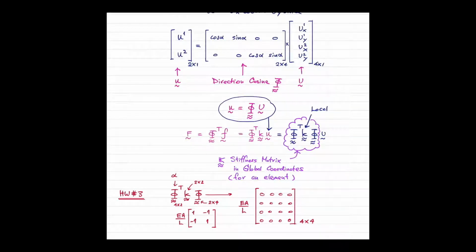Okay, this one will be compared with the following derivations of the stiffness matrix in global coordinates, straight, without the use of local stiffness matrix, the lowercase k.